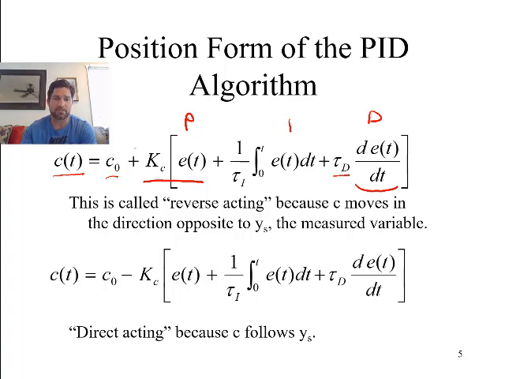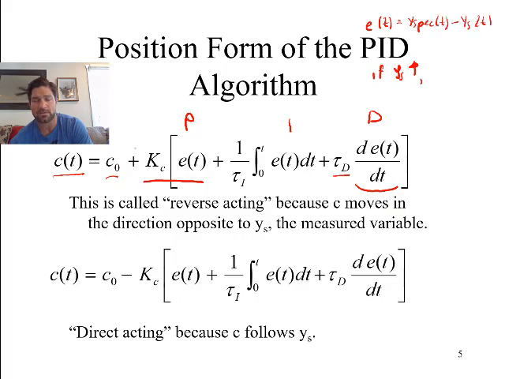Okay, so this form is called reverse acting, and it's called reverse acting because C moves in the opposite direction as YS. To see what that means, let's imagine that YS increases and the set point doesn't change. Remember the error as a function of time equals Y specified minus YS. So if YS increases, that means our error is going to be negative.